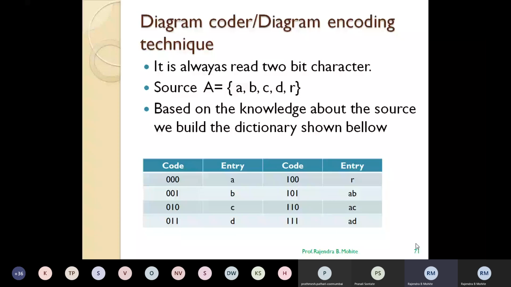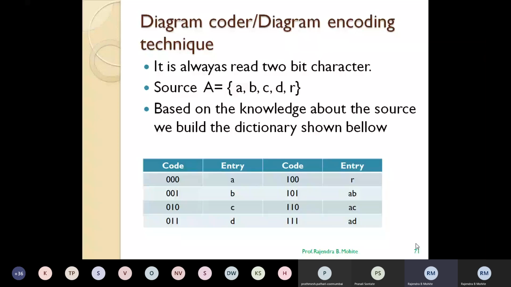When we encode the sequence by using a diagram coder, I always read the 2 characters simultaneously. So based on the knowledge about the source, we build the dictionary as shown below.